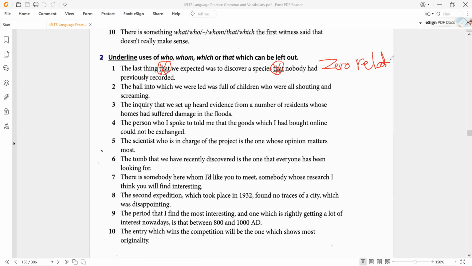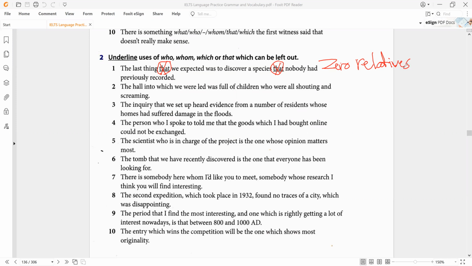Number 2. Delete which? The hall into which we were led was full of children who were all shouting and screaming.